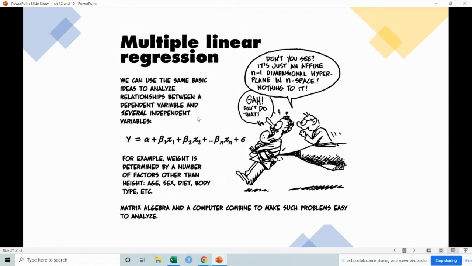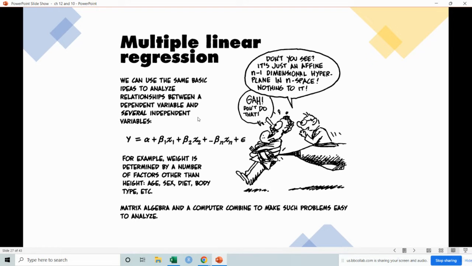All right. So, multiple linear regression. We can use the same basic ideas to analyze relationships between a dependent variable and several independent variables. That's kind of what we've been getting at, right?